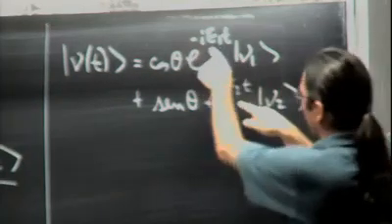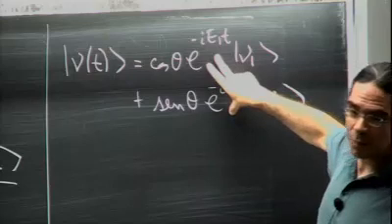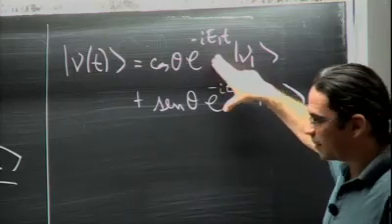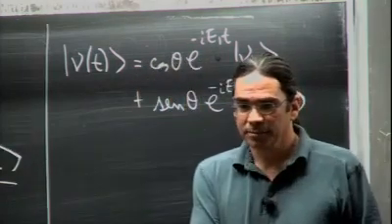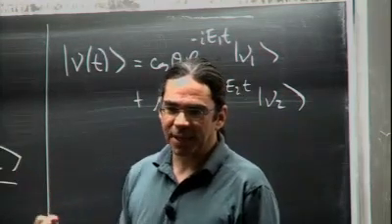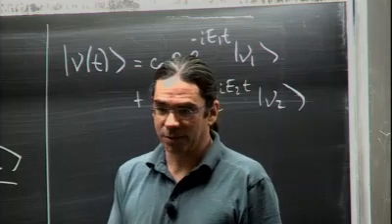Because the different components acquire different phases, this is no longer proportional to the electron neutrino state. Or saying this in other words, the electron neutrino state is not an eigenstate of the Hamiltonian. Now, this is very, very simple physics. This is a 2-level system that you learn in undergraduate quantum mechanics, hopefully.